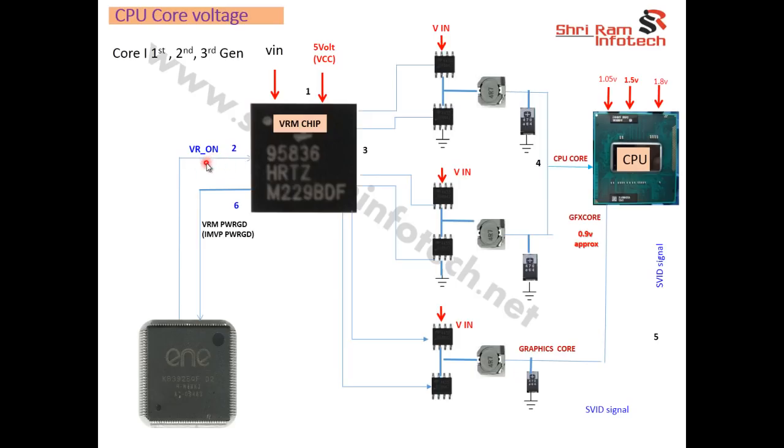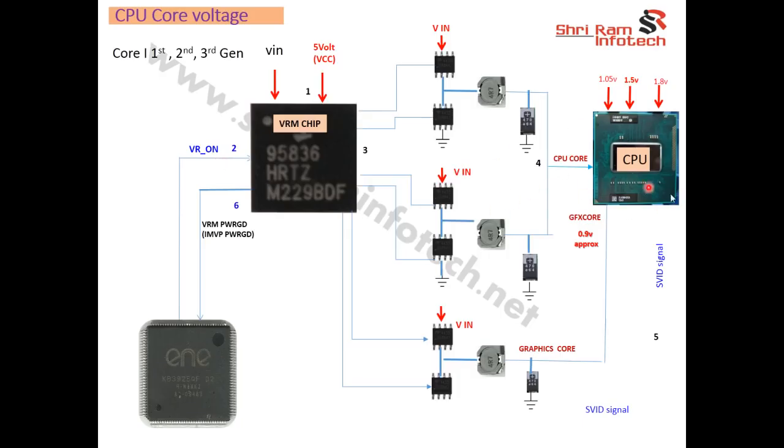This VRM signal you get either from the SIO in Compal and Quanta motherboards, and in Wistron and Foxconn motherboards, the VRM signal is generated by different sections. But the CPU should get the VRM signal, which is supposed to be 1 volt, and 3 volt in some sections.